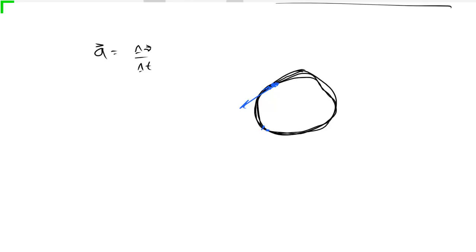So this would have been the velocity there. Clearly, these velocities are different. They have different directions. Therefore, they're a different velocity, and the particle is still accelerating. So just because we have constant speed does not mean we have constant velocity. So an object can still accelerate even if the speed doesn't change.